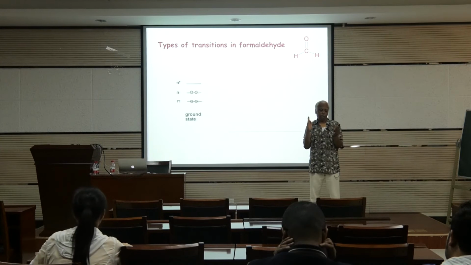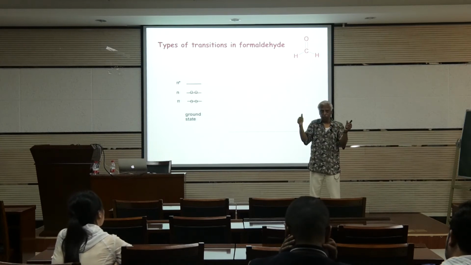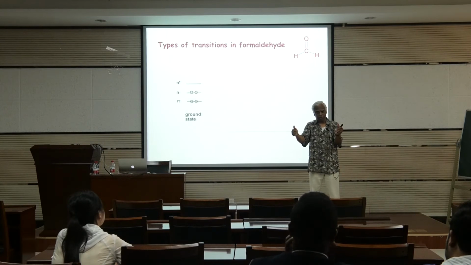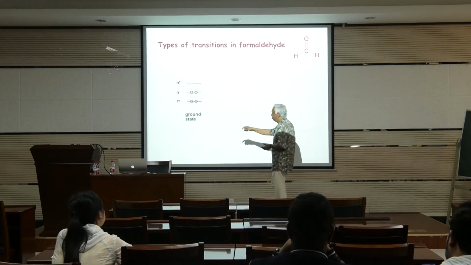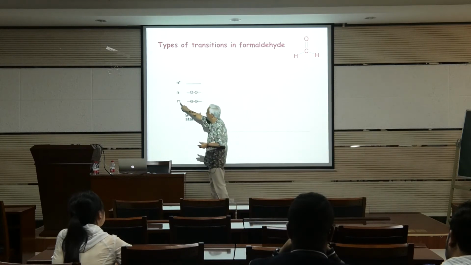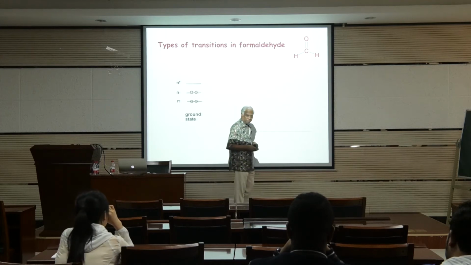When you make a pi orbital, you will also make a pi star. When you mix 2 atomic orbitals, you will get 2 molecular orbitals. One will be bonding, another will be anti-bonding.